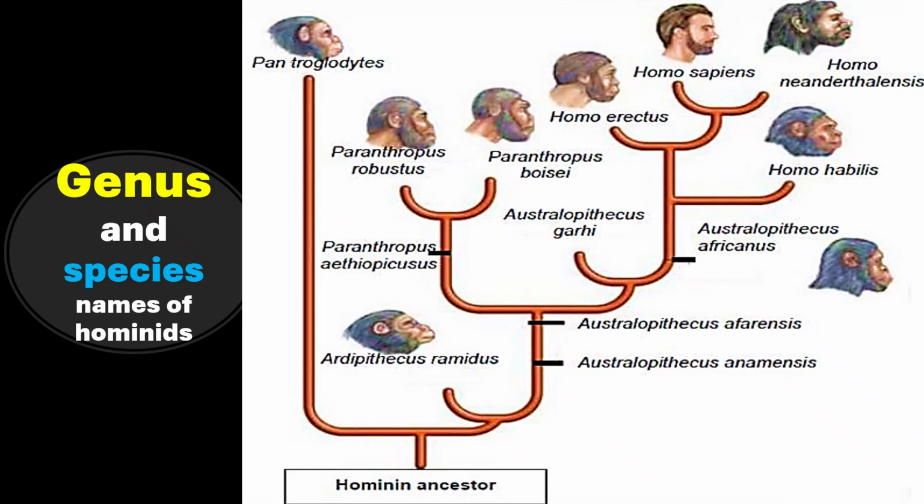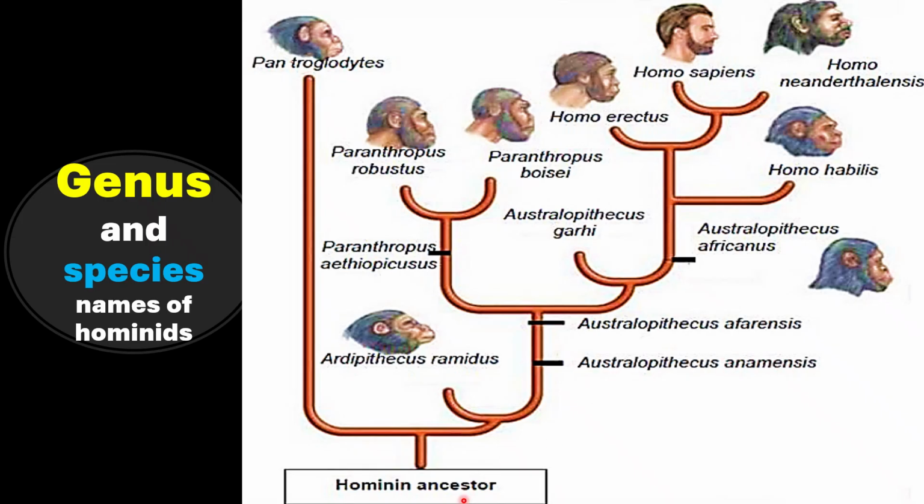The first name starts with a capital letter. The second name starts with a small letter. Similar to our modern form of nomenclature, we have the first name and the surname. But over here, when it comes to human evolution, the first name is actually the surname, and the second name is their real name.